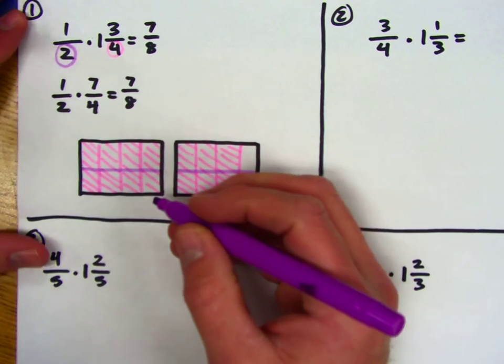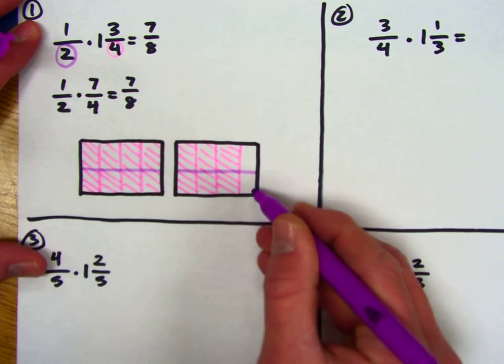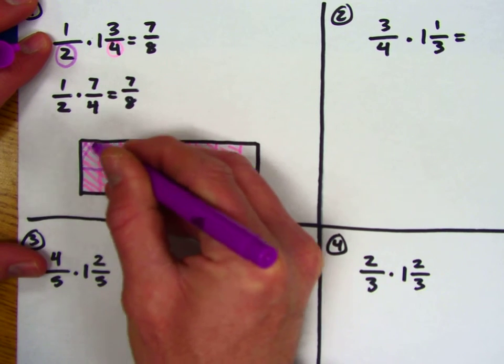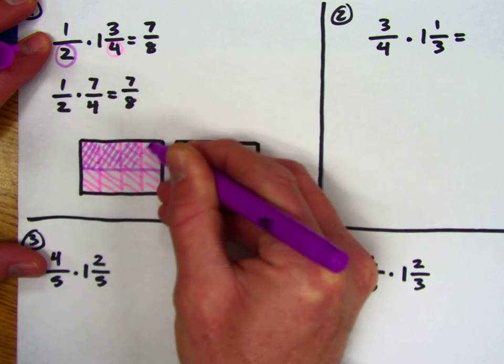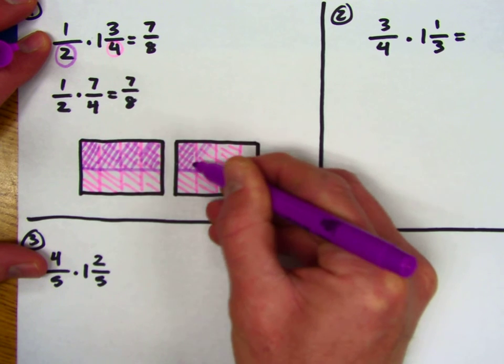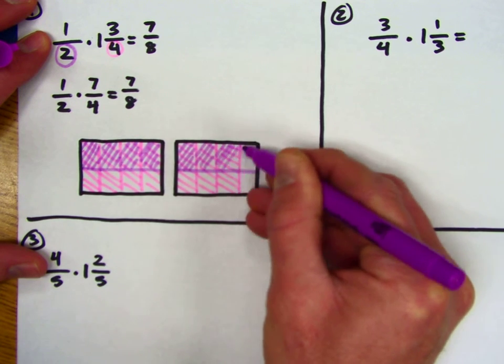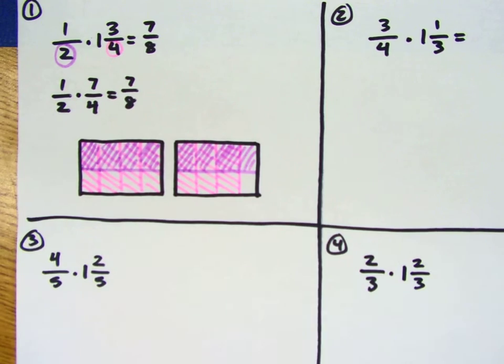So now I'm going to shade the overlap, and it doesn't matter. I could shade the top half across, or I could shade the bottom half across. I'll go ahead and shade the top. I'm going to go all the way across here because it's half, even if this piece doesn't have the pink in it as well.